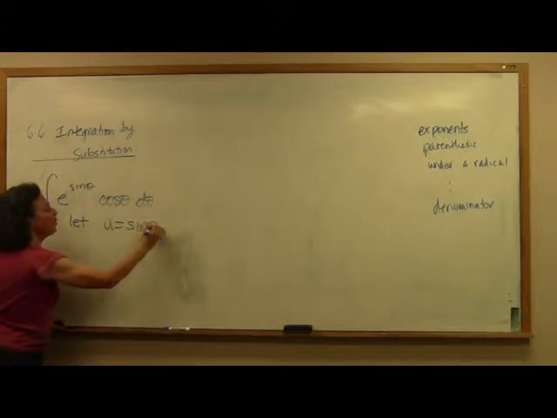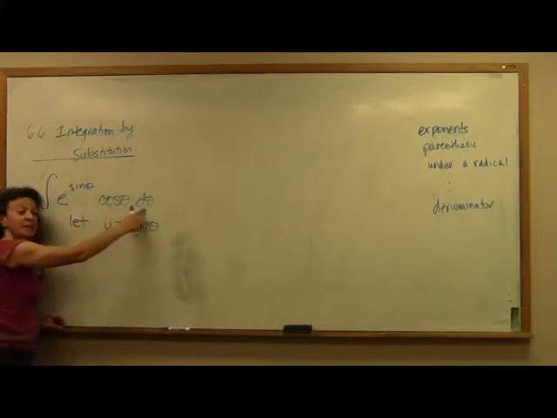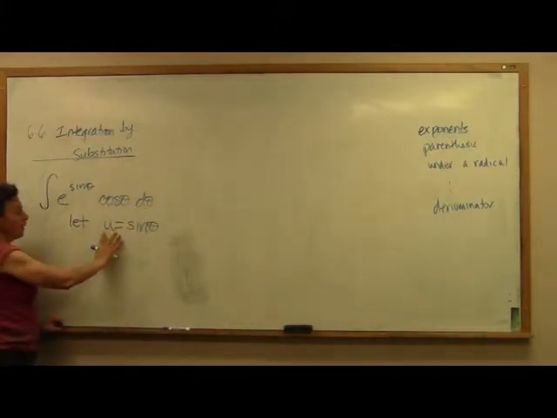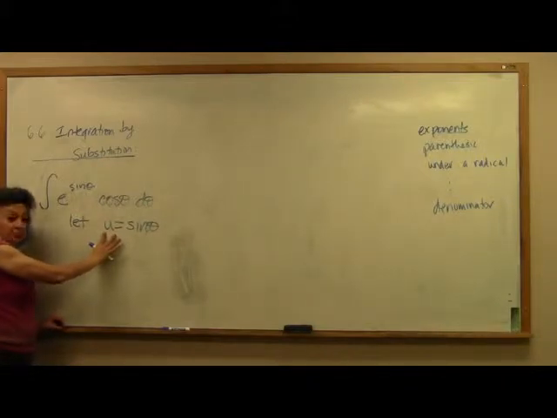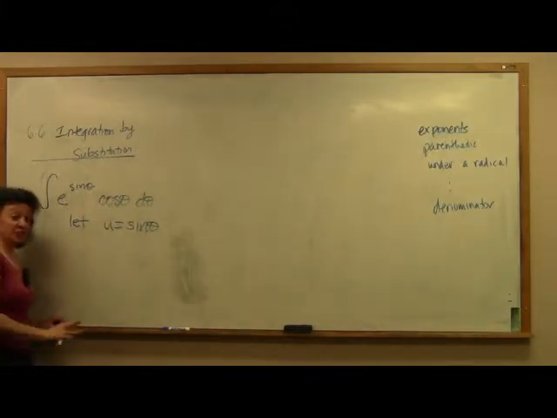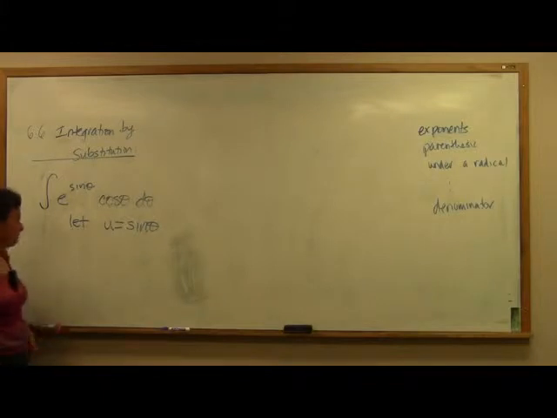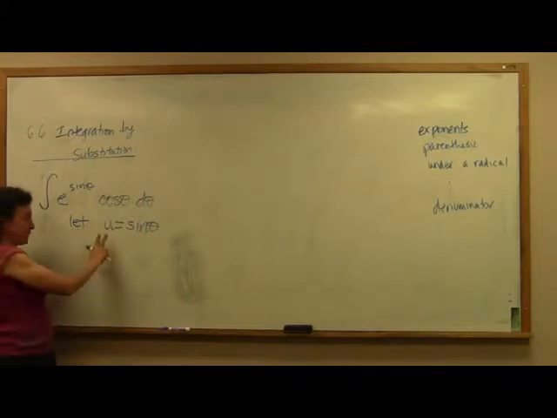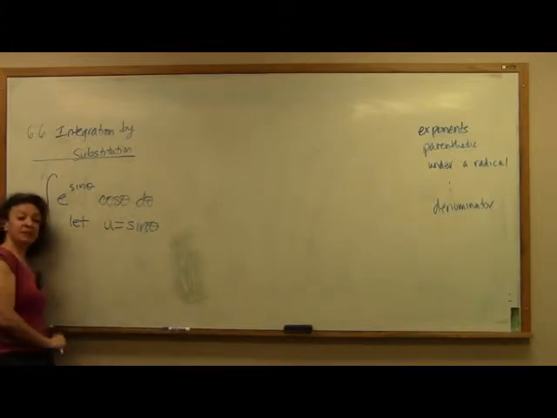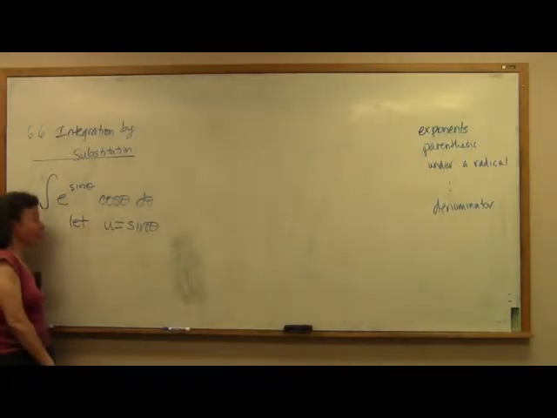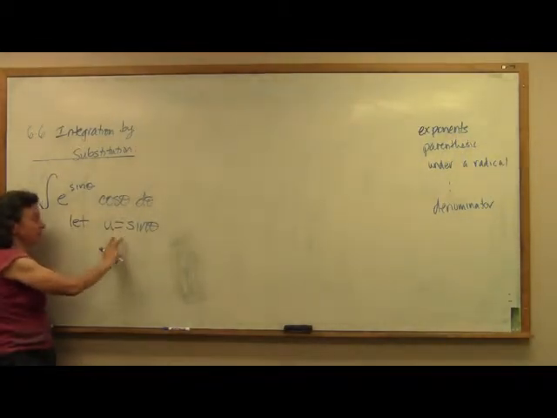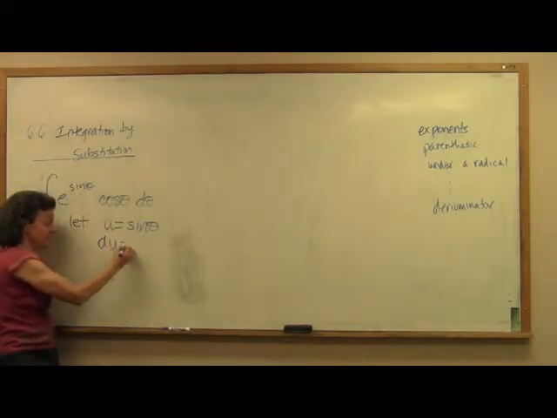So my goal is to rewrite this integral where my variable is u, but it's got to be equivalent to all of this. So what are our steps? The first step is make your substitution. My next step here is to take the derivative of both sides. The derivative of u is 1 du.